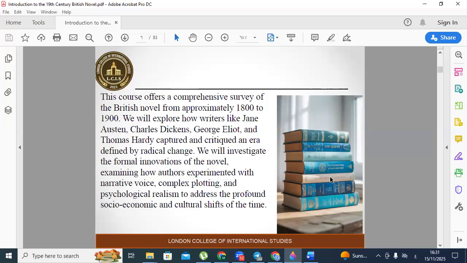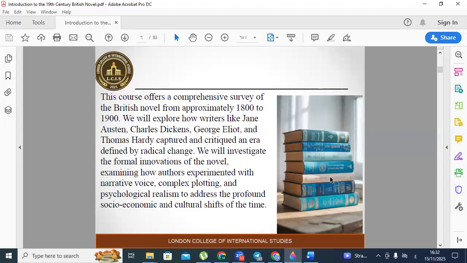The image you see, a stack of beautifully classical bound volumes, represents the physical form in which many Victorians encountered the novels. These weren't disposable paperbacks. Novels were substantial objects, often published first in expensive 3-volume editions, then in cheaper single volumes, and frequently serialized in magazines.